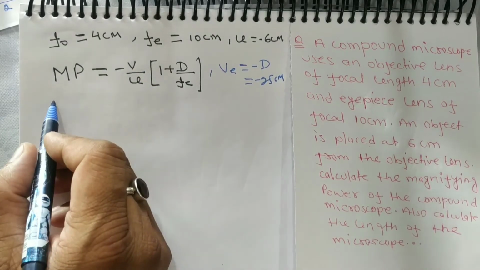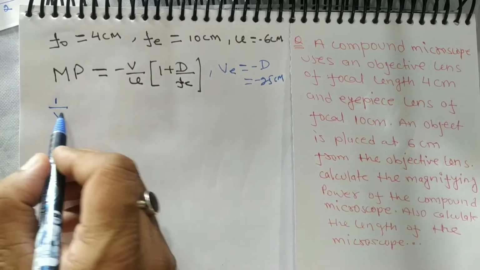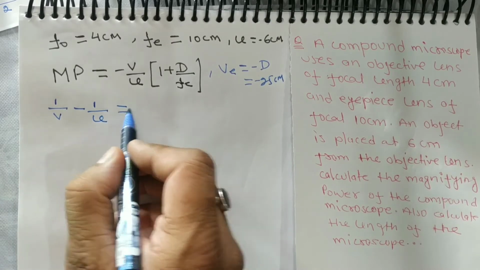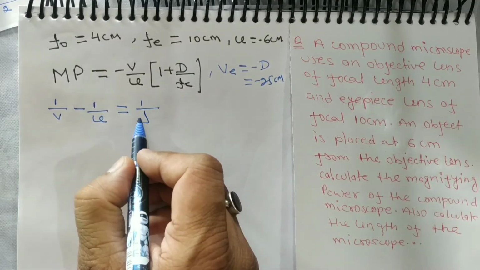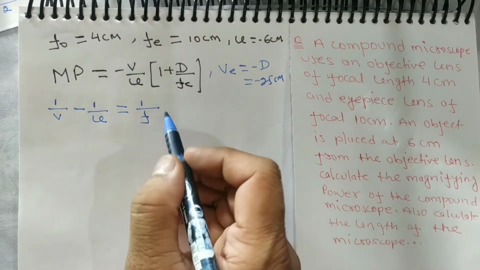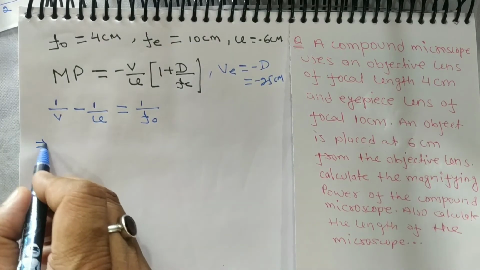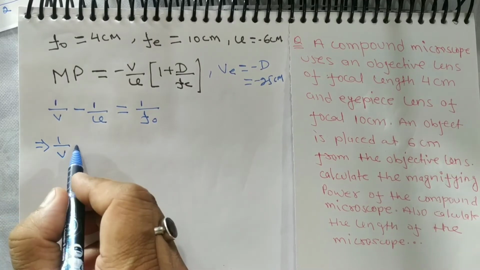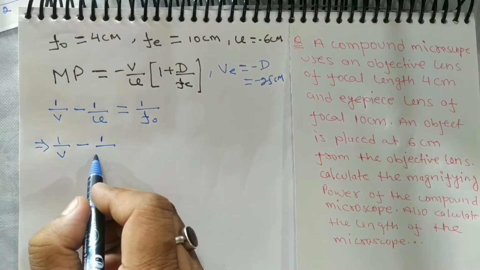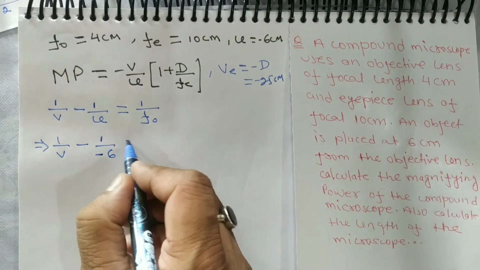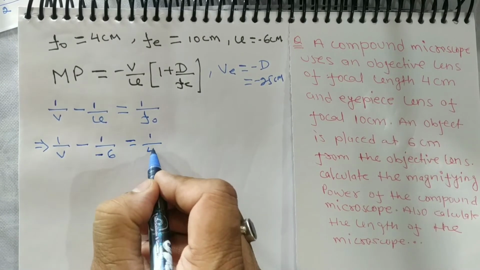We have the lens formula 1 upon v minus 1 upon u equal to 1 upon f. Here we are calculating for objective lens, so it will be f naught. Put the value: 1 upon v minus 1 upon u, u is minus 6, and 1 upon 4.